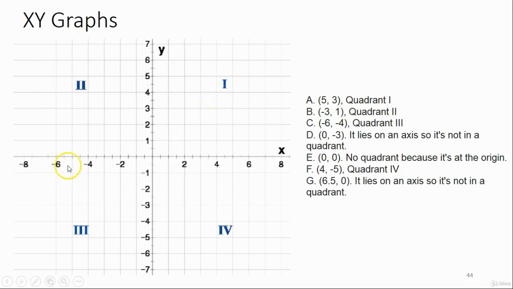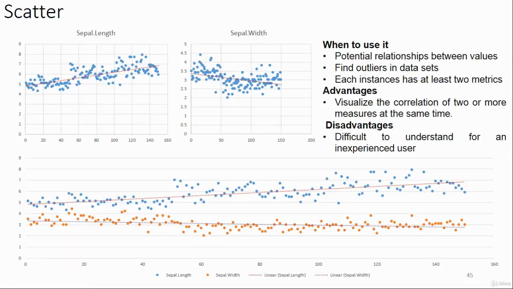In quadrant 2, x is negative, y is positive, like minus 3 and 1. In quadrant 3, x is negative and y is negative, both, like minus 6, minus 4. In quadrant 4, y is negative and x is positive, like 0, minus 3, and so on.